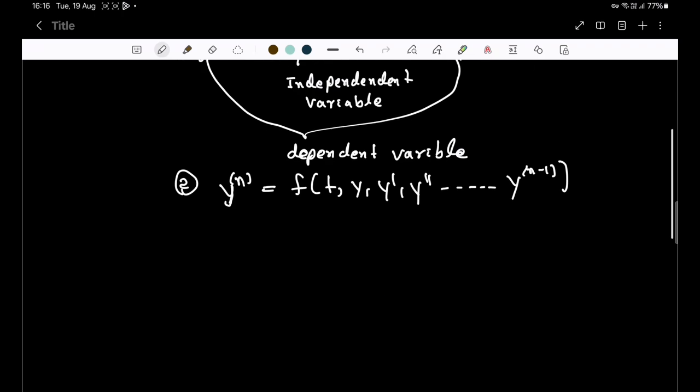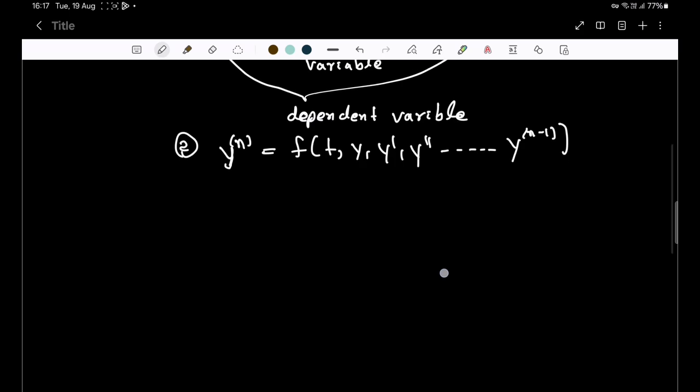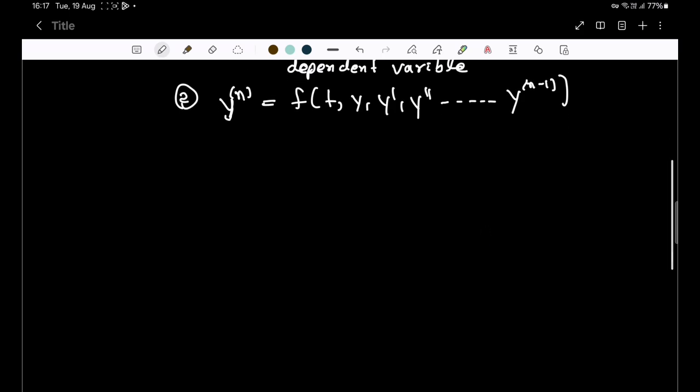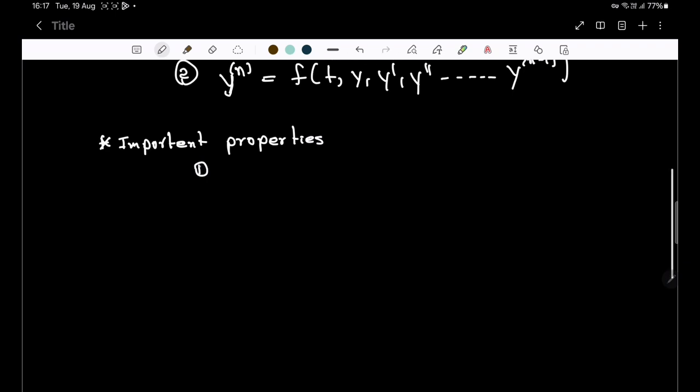Let's see what are the important properties that we use to classify differential equations. Important properties. First one is order.